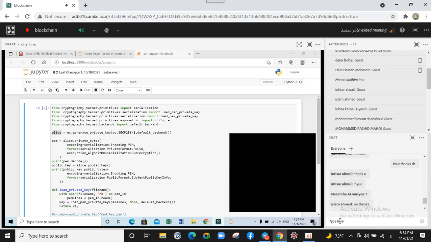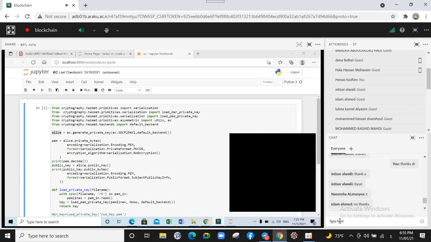In fact, what makes the elliptic curve strong is the logarithmic problem. The equation is big K equals small k multiplied by G. G is a point, and k is a large prime number.